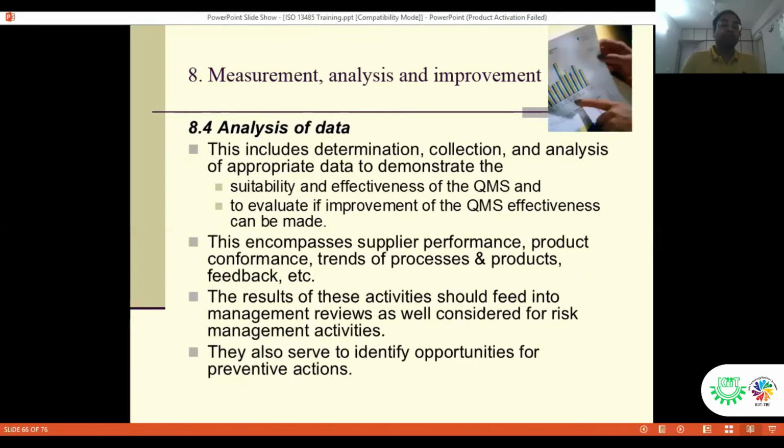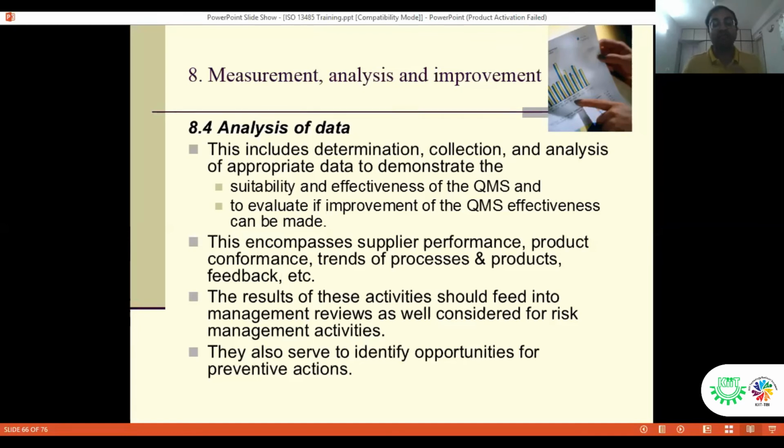Clause 8.4 talks about the analysis of data, which is very important as per the new requirements, because you have to analyze each and everything, whether it's the rejection level, the monitoring activities, the percentage of training you are doing, or the increase in sales. Each should be well defined and analyzed, and you have to prepare a procedure for the analysis, and all this data should be presented at the management review meeting.